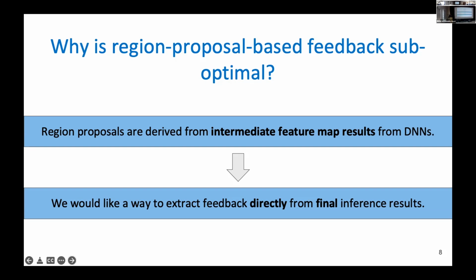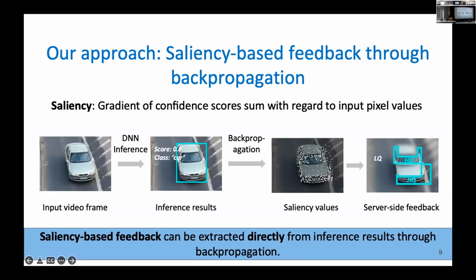So next, we are going to introduce a new way of extracting server-side feedback, which is our major contribution here. Our approach is called saliency-based feedback. Saliency on a high level can be directly computed from the final inference result through backward propagation operations on the server-side deep neural network.